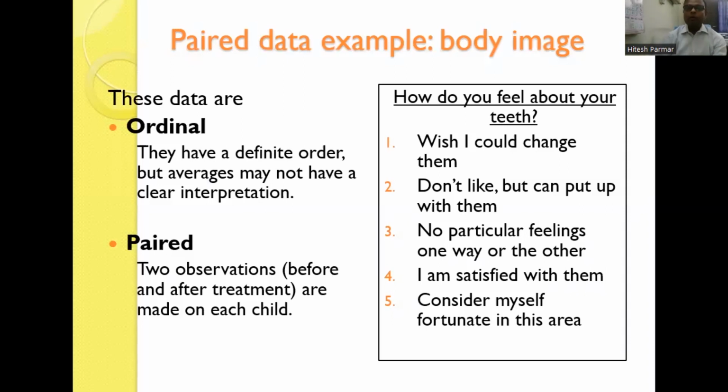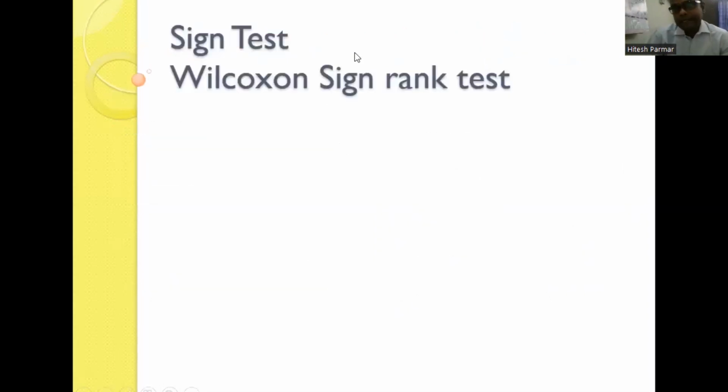So if the data are not normal for the paired data, we need to shift to the non-parametric tests. These tests are available: sign test, number one. Number two, Wilcoxon sign rank test. Both the choices are available with you if the data are before after paired data and not normally distributed.